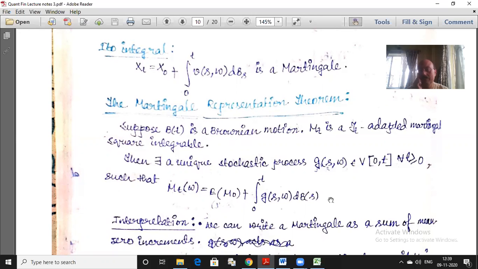That is from the properties of those integrals. But now we are stating that every martingale can be uniquely represented as a dB integral of a suitable stochastic process. So I have a corresponding G function and I can write any martingale as a G dB integral.